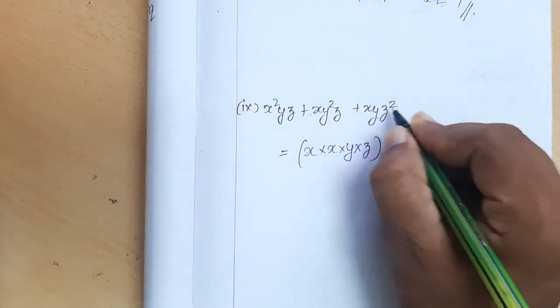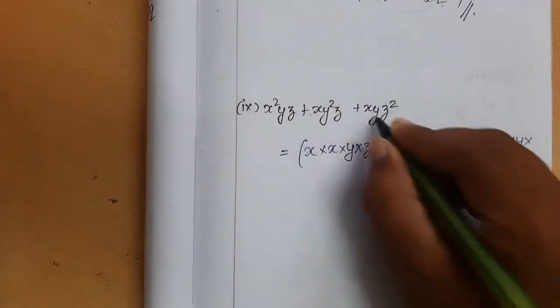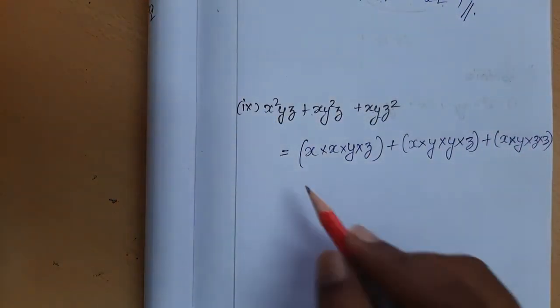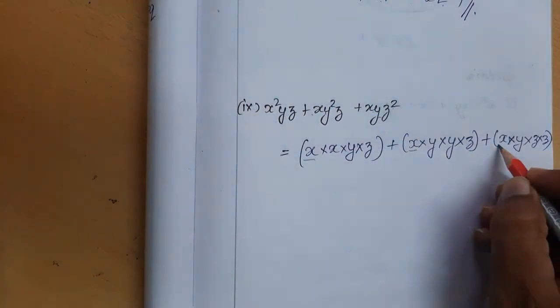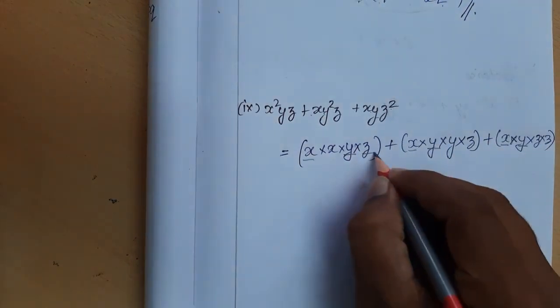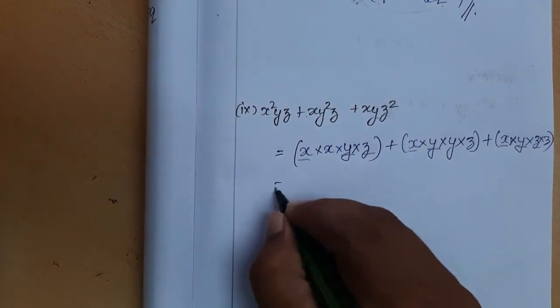Plus here xyz square, x into y into z into z. So 2 z's. So now you find what is common. I hope x is in all the terms, and y is also in all the terms, and z is also in all the terms. So x, y, z is the common.